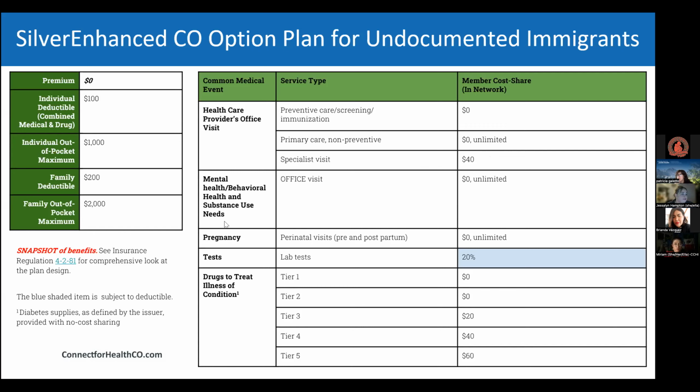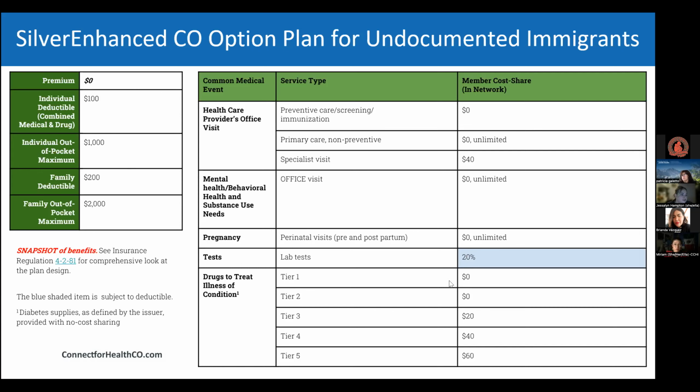Mental health, behavioral health, and substance use needs, you can see that is $0, unlimited. Any services related to pregnancy, $0, unlimited. There is a percentage attached to lab tests, but again, there is that deductible and max out of pocket to help protect.